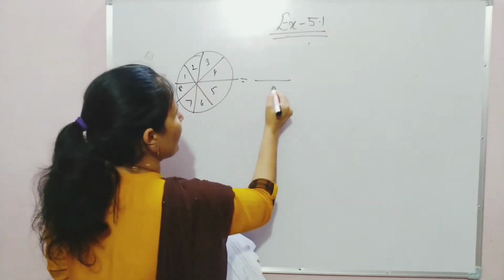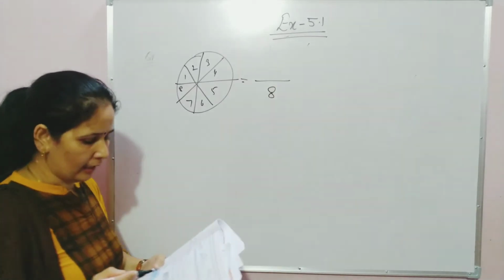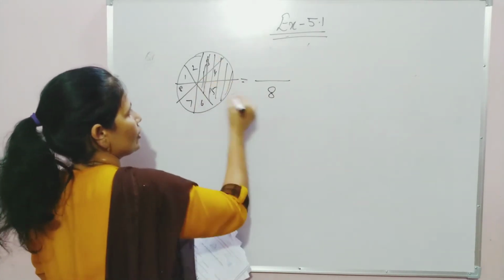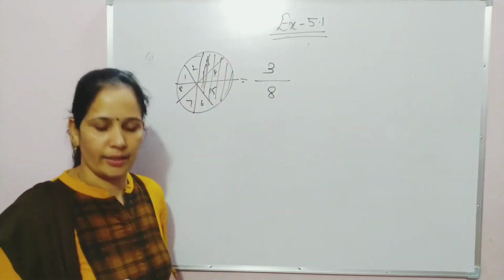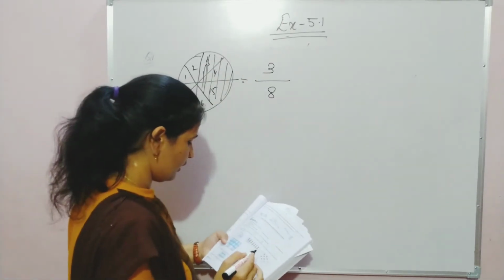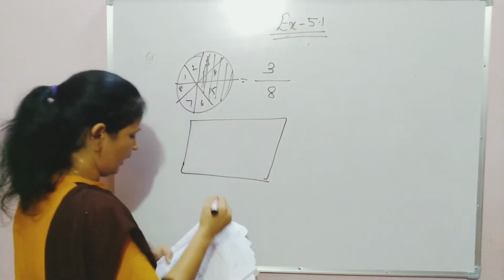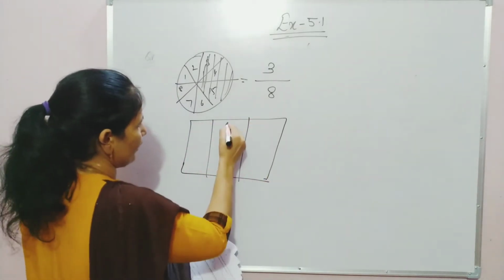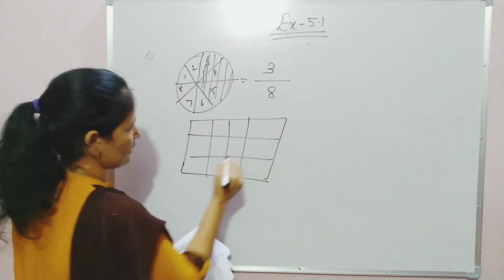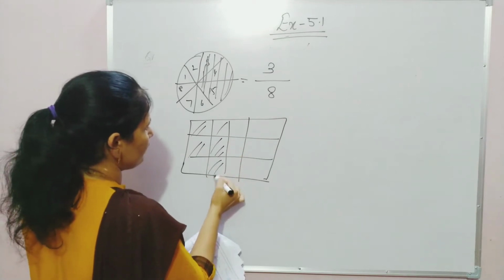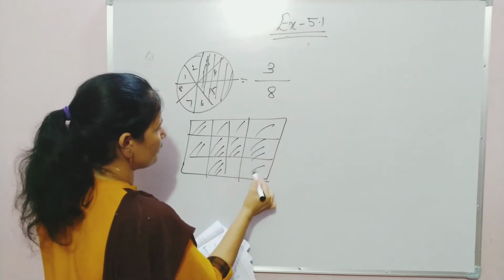That's when total parts are 8. And after that they shaded 3 of them. So what is the fraction? 3/8. One more question. They have given one square divided into 12 parts, and out of 12 they have shaded all but 2 parts, which remain.